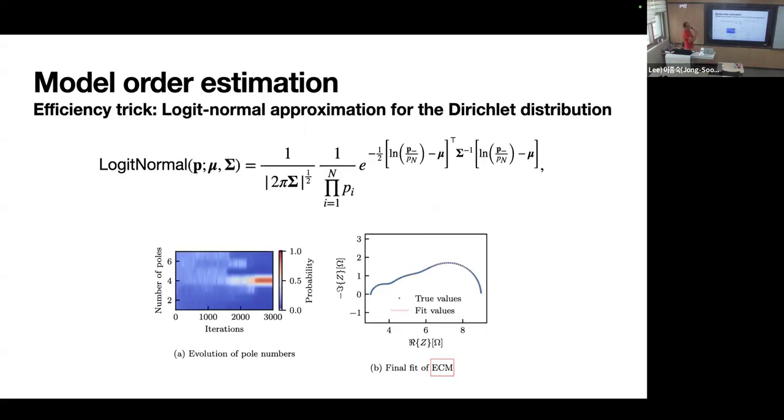There was a trick: instead of using the Dirichlet distribution, which is really complicated, you can use something called the logistic normal approximation. Why is this important? The Dirichlet distribution doesn't have nice gradients, and optimization with gradient descent has a lot of trouble.